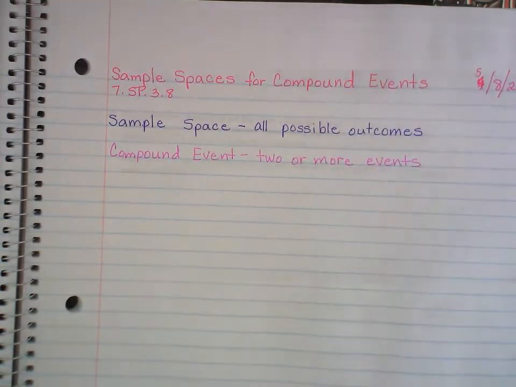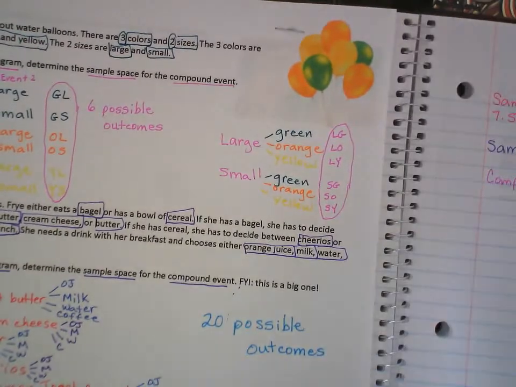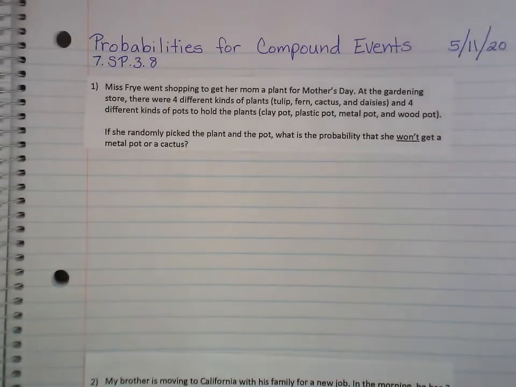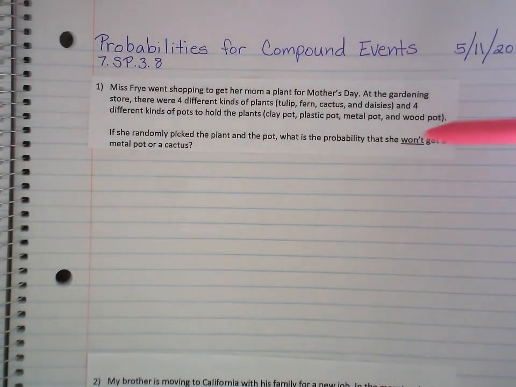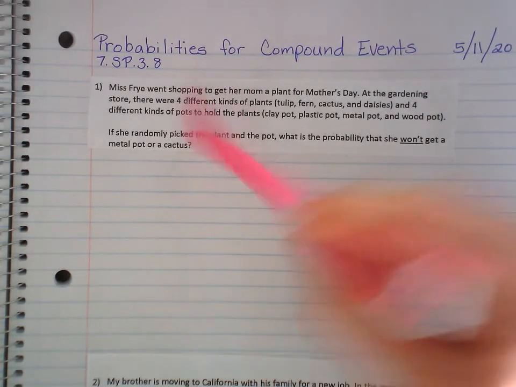All right, and we began last Friday doing our tree diagrams to talk about how many possible outcomes there were. Our sample space, possible outcomes. So we're going to add on today by not just doing the sample space for compound events using tree diagrams, but we're going to be calculating probabilities.